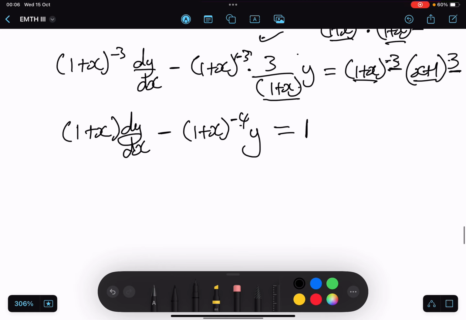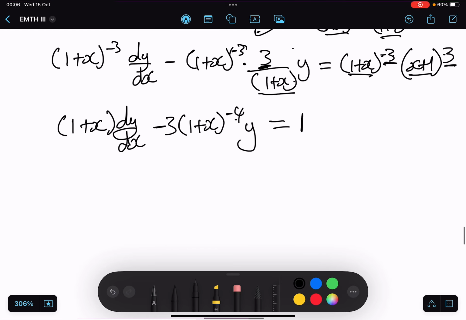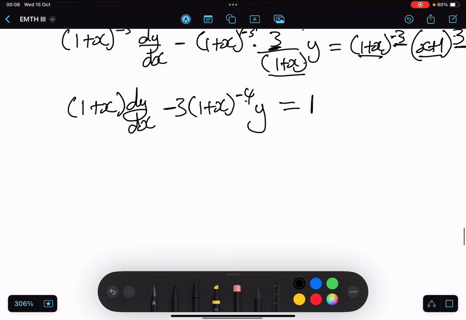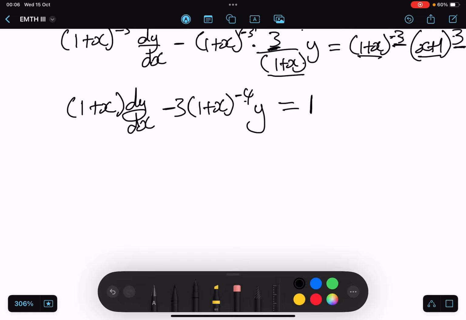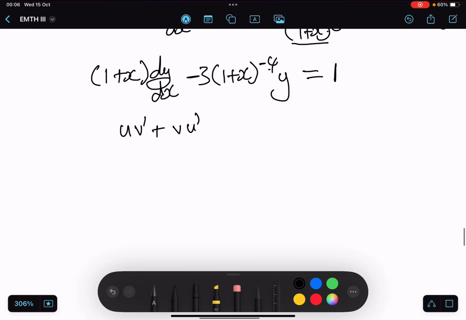So now we have this 3. We forgot the brackets here. Now when you look at this, this is the same thing as the product rule, because this is uv dash plus vu dash, right?